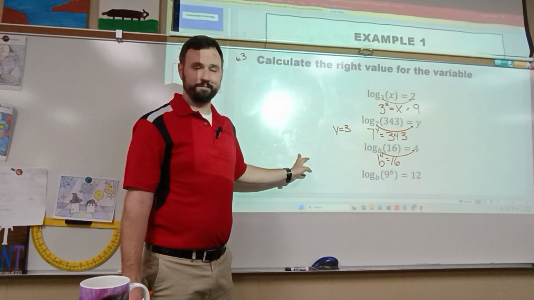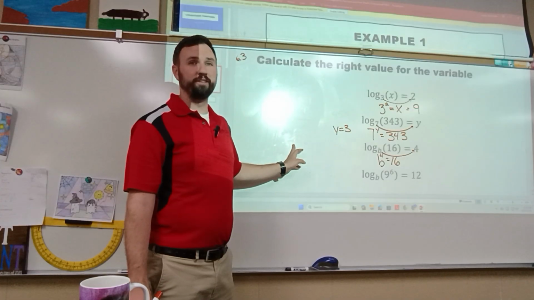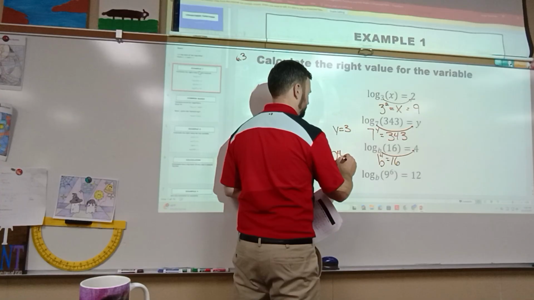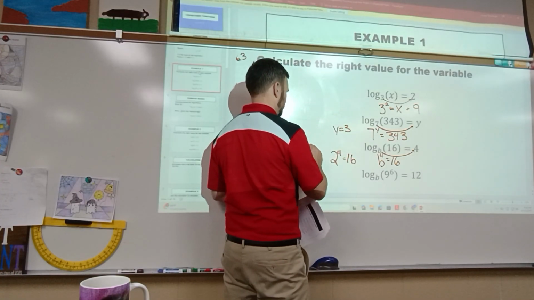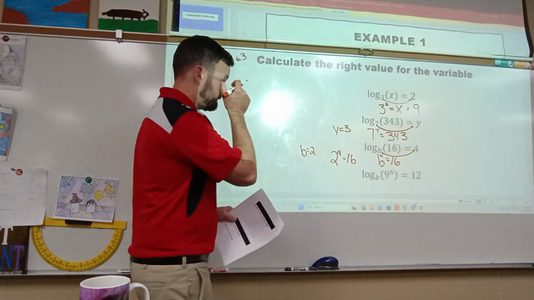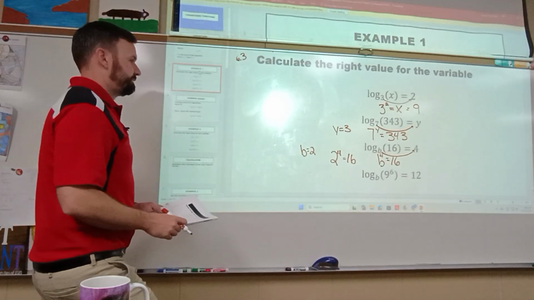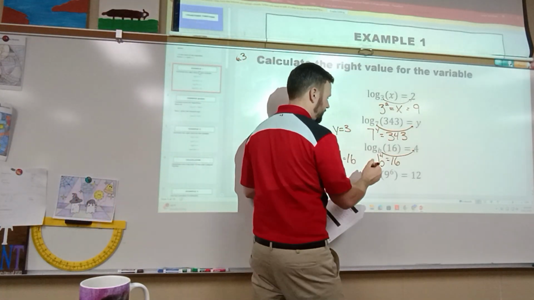It's been a long life. What about 2? What's 2 times 2 times 2 times 2? 16. Right? So B is 2. Okay? All right?